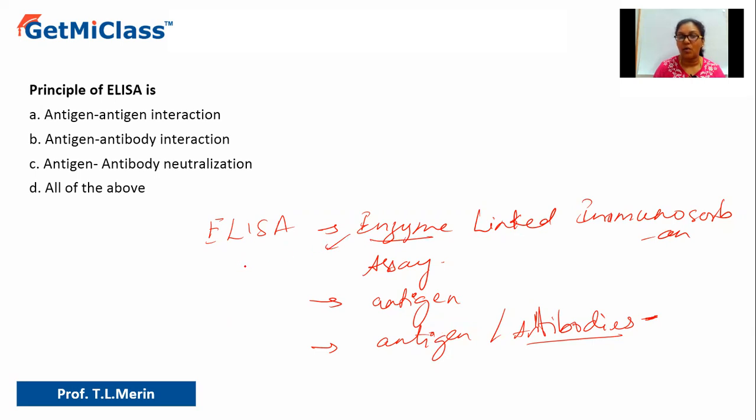That means you can know whether a particular antigen is present or not, because if this enzyme linked antibody binds to them, then it will produce a certain color. Okay, the production of color shows that that particular antigen is present, or that particular antibody is present. Okay, so basically the principle is based on the antigen-antibody interaction. Okay, antigen-antibody interaction. Okay. So let us see.